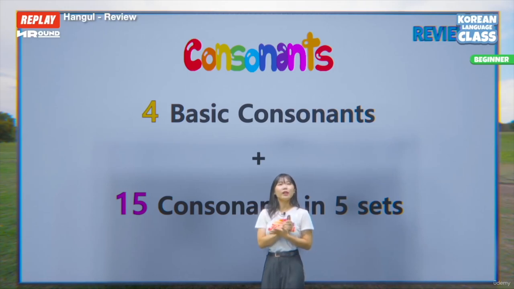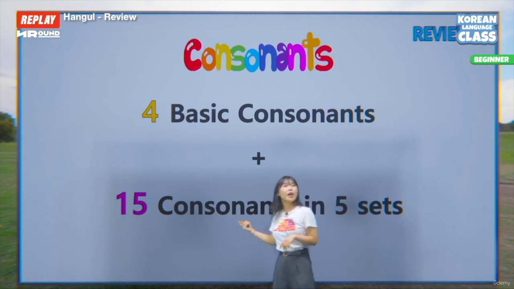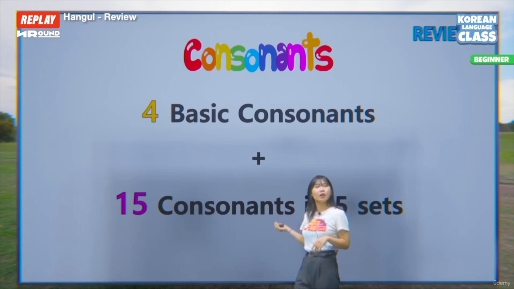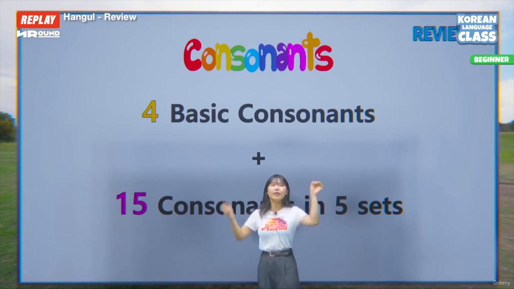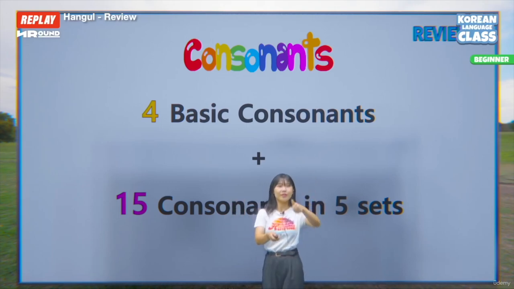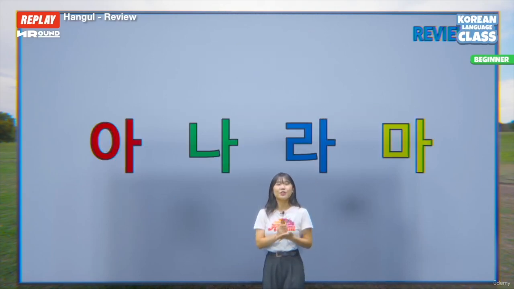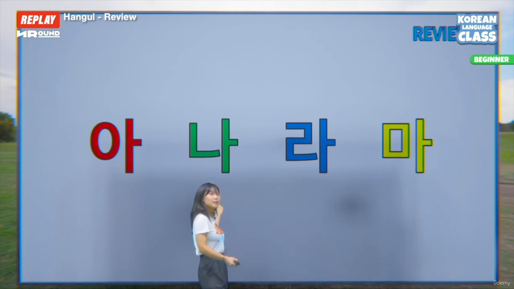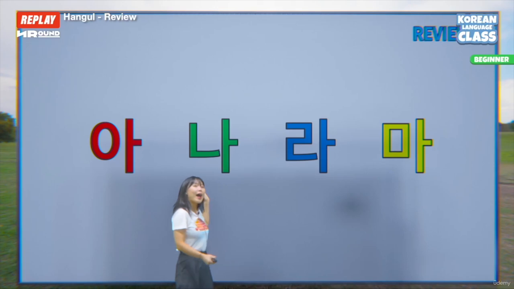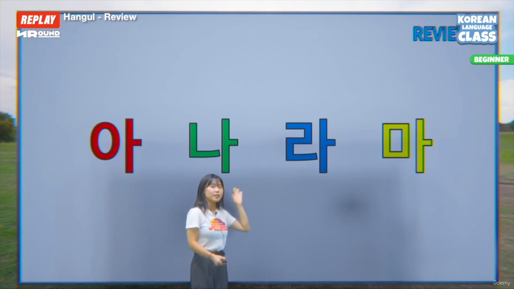So we learned 4 basic consonants in the first class, and we also did 15 consonant sets, which were the basic, aspirated, and tensed ones. Good job. So let's start with the basic one. What was this? Ah, it doesn't have any sound.